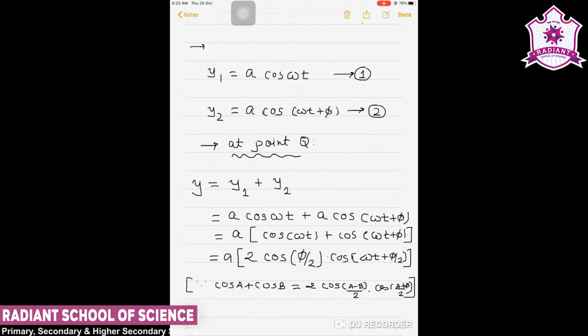This is the rule that we have used in the above portion for the y1 and y2 terms.